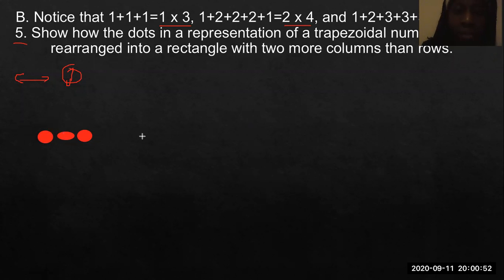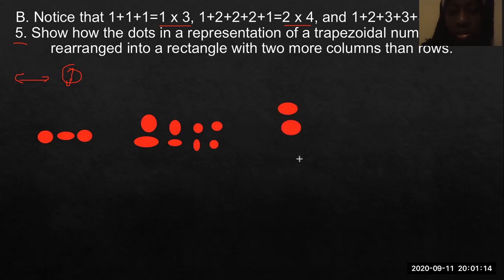So that means 2 rows and 4 columns. Okay, our third one is 3 to 5, so we need more columns than rows, so the 5 equals the columns. So 3 rows and 5 columns.